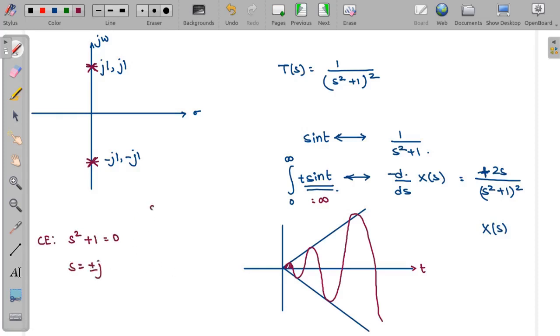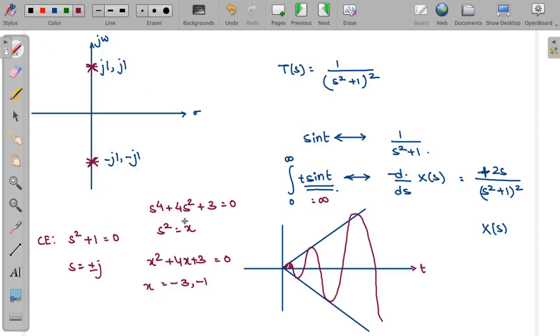Next, if we have a characteristic equation like this, s to the power 4 plus 4s square plus 3 equal to 0. Over here you can substitute s square equal to x. So this will be x square plus 4x plus 3 equal to 0. So x is equal to minus 3, minus 1.